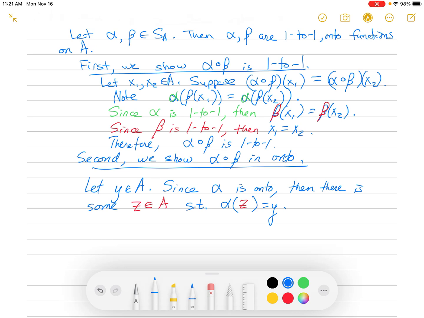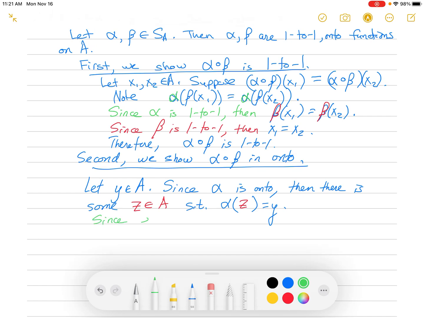If alpha is an onto function, for every element in the codomain, so for every y in A, you can find some z in the domain such that alpha of z equals y.